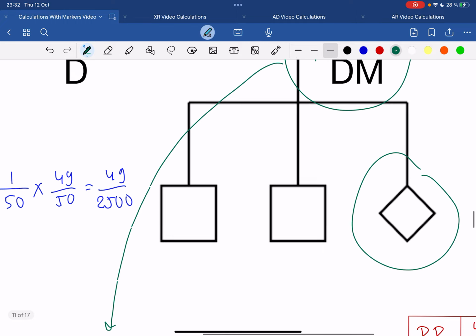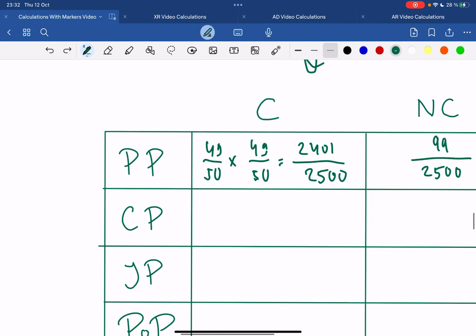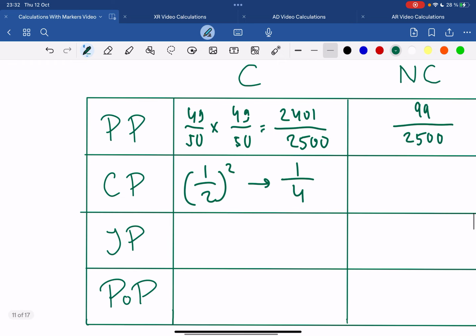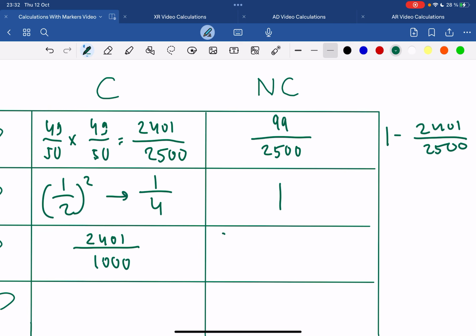Now, conditional probability is 1/2 to the power of the amount of healthy sons, so 1/2 to the power of 2. That is equal to 1/4. Joint probability is the two previous ones multiplied by one another, so that would be 2,401 divided by 10,000. And here it would be 99 over 2,500, but that can be easily rewritten to 396 divided by 10,000.